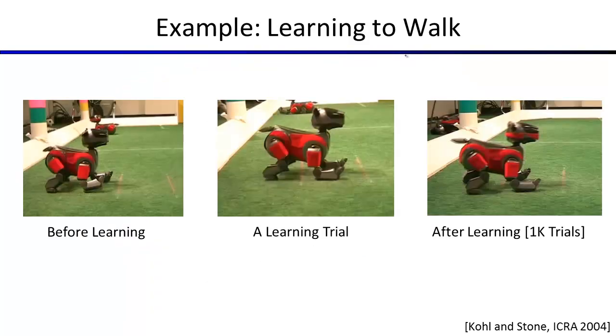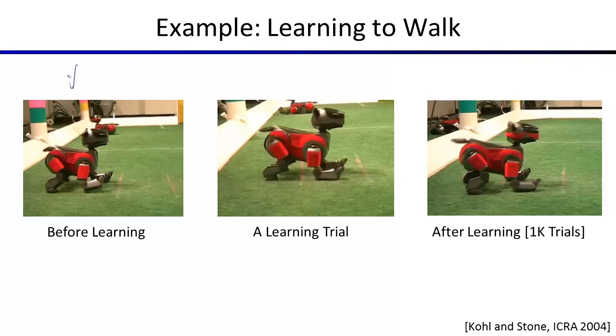All right, so let's look at an example. This is going back to the robot soccer example from the first lecture. We'll look at the problem of learning to walk. These are the robots you get to deal with, and as you want to play robot soccer, you want them to walk fast. We'll look at what happens before learning.